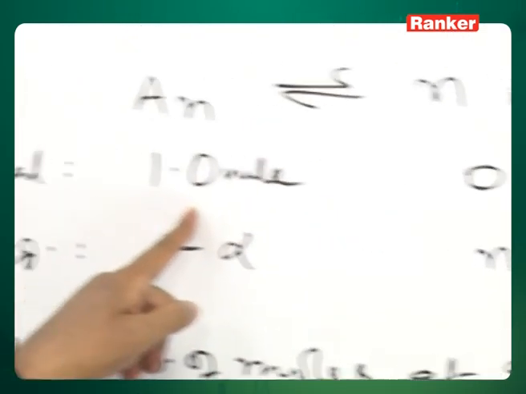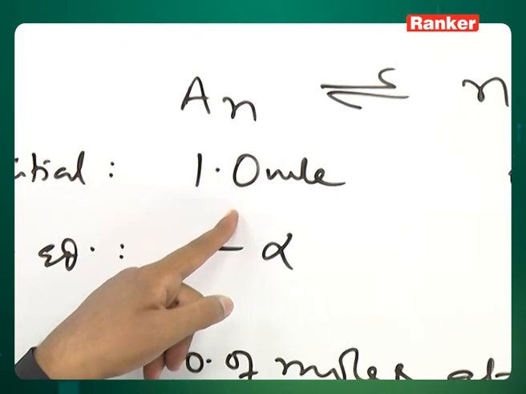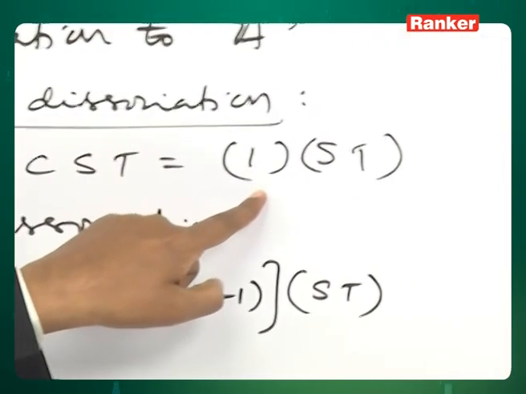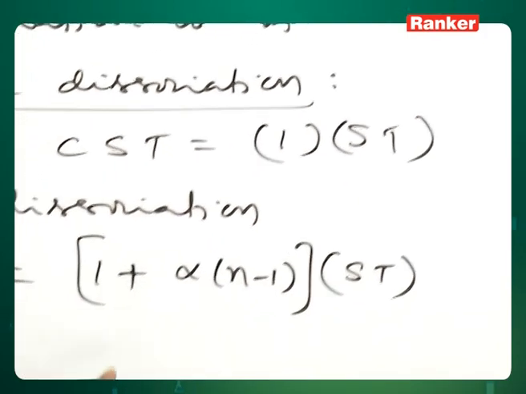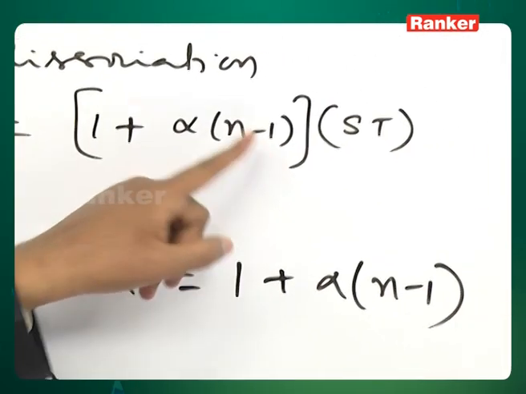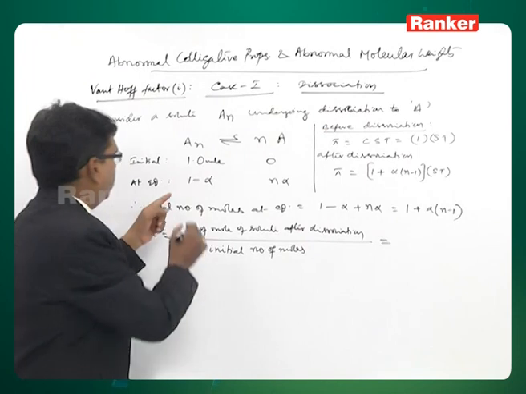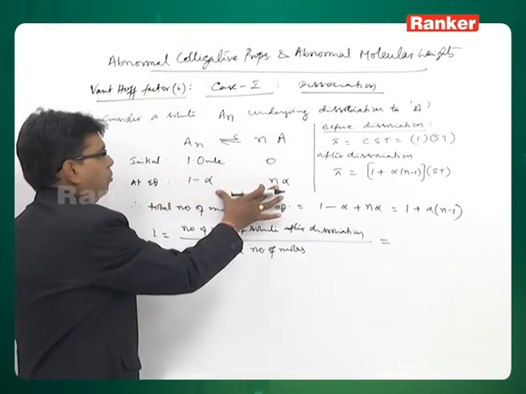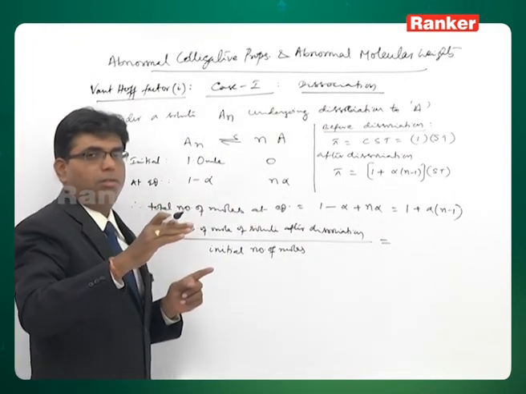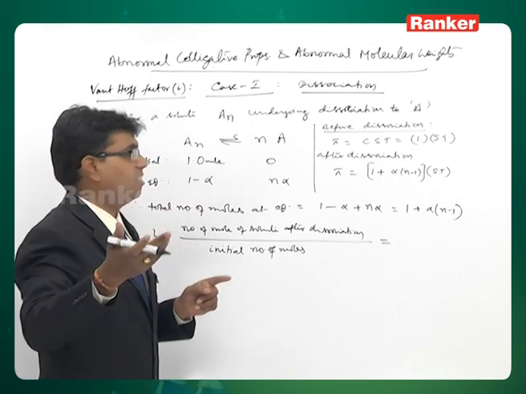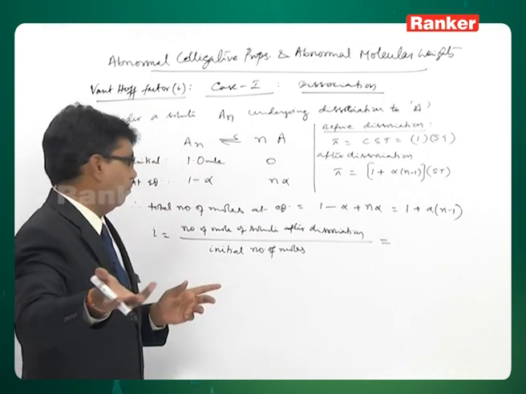Initially you have only 1 mole, assuming that the volume of solution is 1 liter. So, 1 mole in 1 liter becomes 1 molar, so it is only RT, but now it is 1 plus alpha into (n minus 1); this many moles are increased. Due to dissociation, the number of moles in solution is increased. As a result, the colligative property is changing.